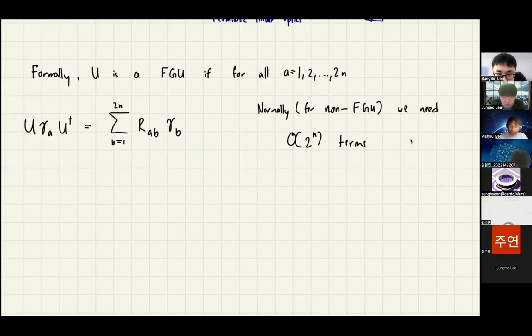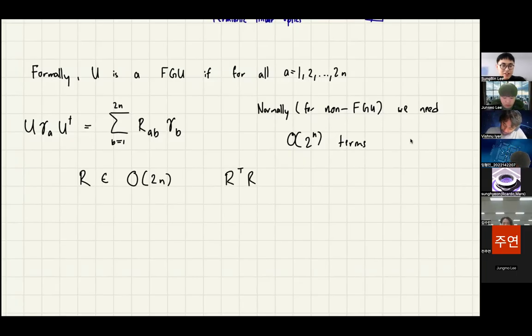And so this r sub a to the b, okay? This r sub a to the b, this is a matrix. R is a matrix that belongs to the orthogonal group on 2n matrices. Okay, this is the orthogonal group. What does this mean? It means that R transpose times R equals R times R transpose equals the identity matrix.